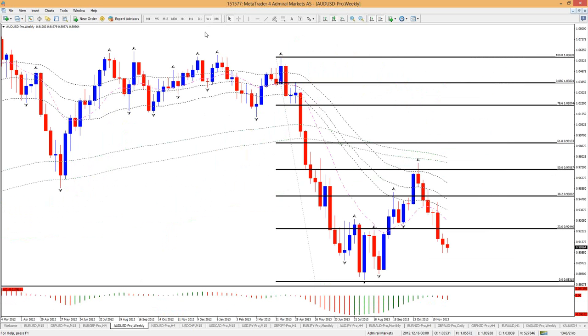So the AUD/USD, yet another bearish week, but a very smaller sized weekly bearish candle. But still bearish. The oscillator has turned here as well to the downside.